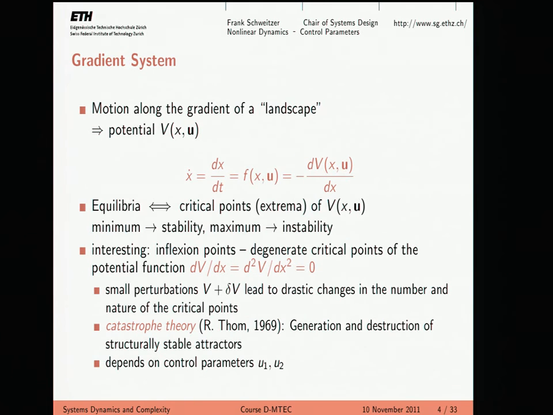Okay. What we're interested in, let me go back here, as I said, are equilibrium points. And we can find the equilibrium points by just looking at the potential, looking at the landscape that our object moves on. And if we have a minimum of the landscape, so imagine a mountain, and here down there we have a basin.